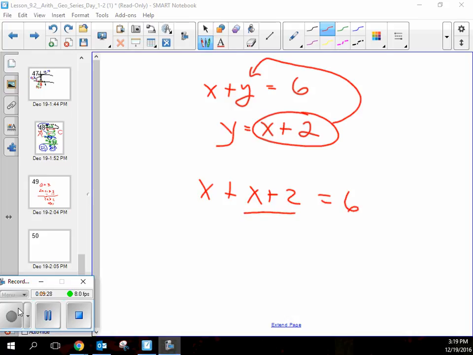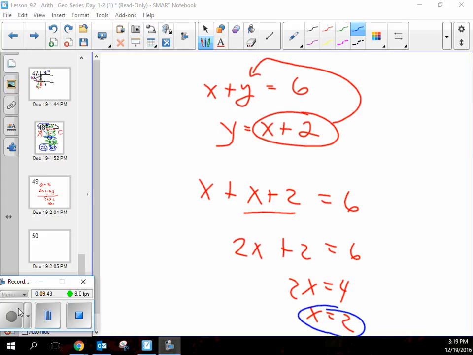Then I could solve it by saying x plus x makes 2x plus 2 equals 6. Subtract 2, and I have 2x equals 4. X equals 2. Now, when you're done with these problems, you have to have both answers. I have x equals, but I don't have what y equals. So I can just bring this up, x equals 2, and I can put it right here in that equation, or I could have put it right here where this says x in that equation.